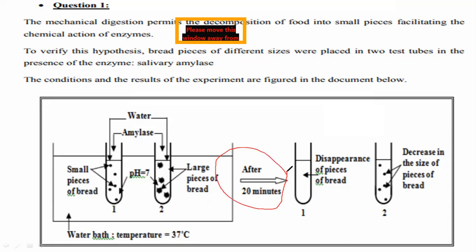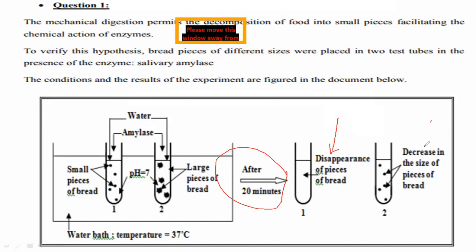Results. In tube 1, the small pieces disappear. What does this mean? This means that we have digestion, but this digestion will be preceded by a specific word. While in tube 2, the large pieces of bread decrease in size.